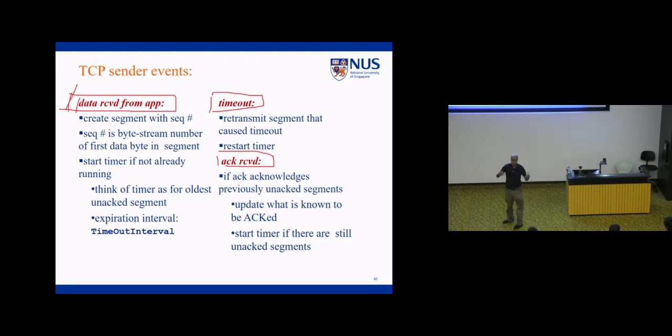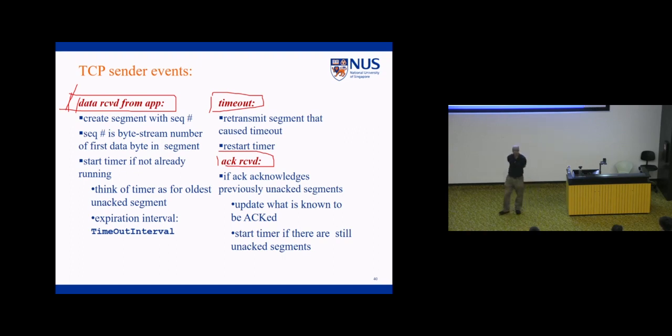First, I create a segment, and then I insert the correct sequence number. What is the sequence number? I see how many bytes I have sent so far. What is the first byte of this new data? Maybe it's the 700th byte, so the sequence number will be 700. This is something we saw last time.